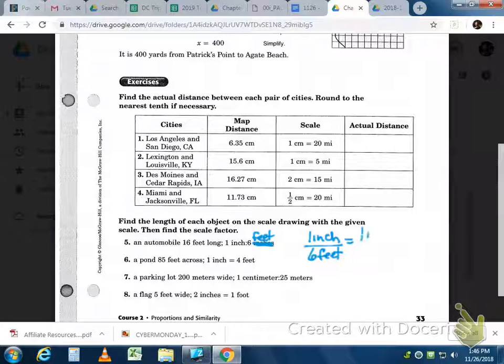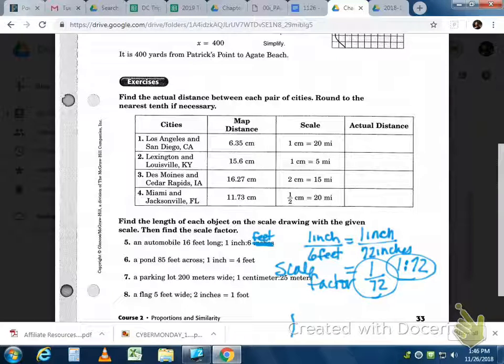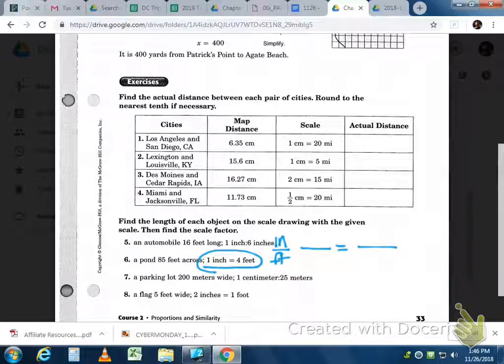So how many inches in 6 feet? 72 inches. So this is the scale factor. The scale factor for this is 1 over 72, or you could write it 1 to 72. Same thing.